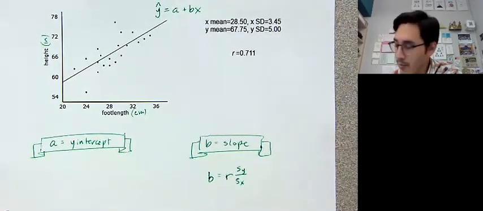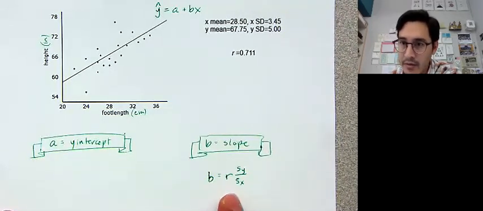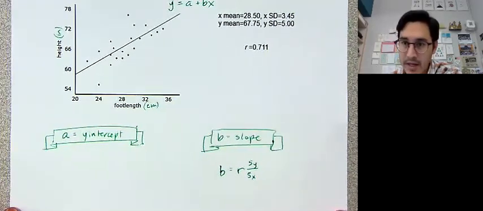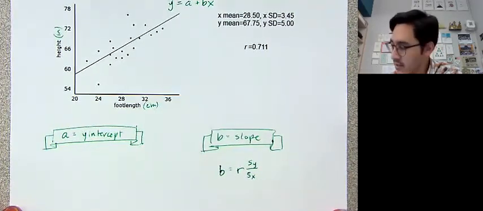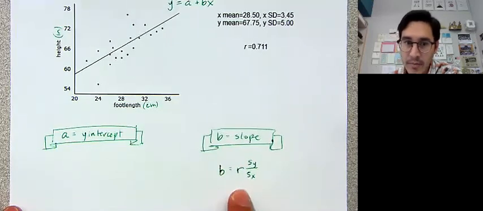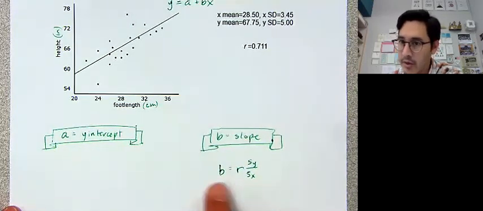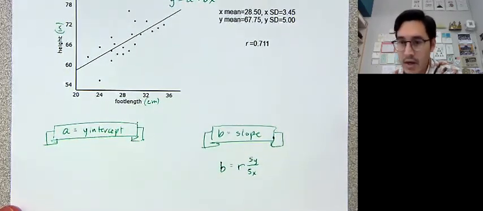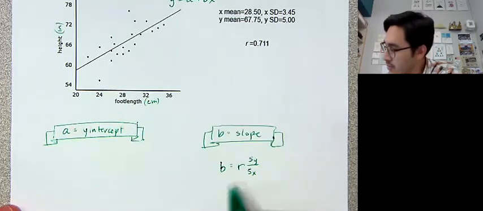We're not going to talk about how this formula was derived. It involves calculus, so that might be a second or third year stats class. But this is provided to you on the formula sheet, so you don't even have to memorize it.